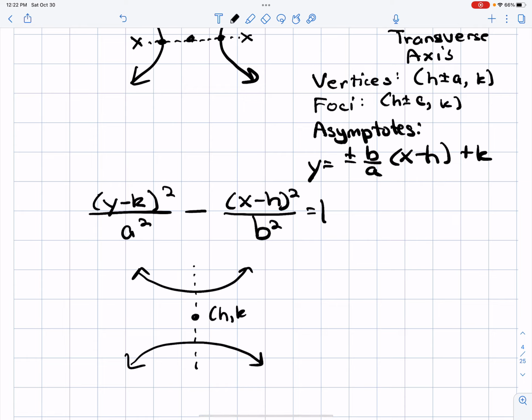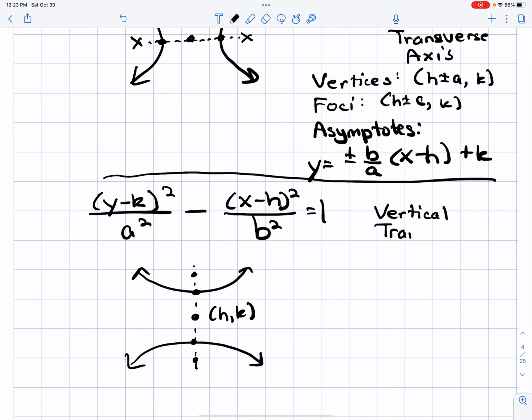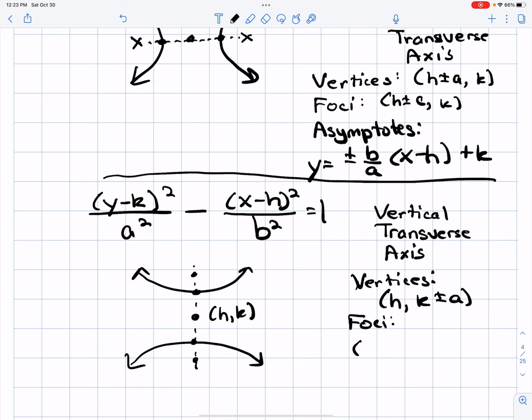So you have your center still h, k. You'll have vertices and foci now along a vertical transverse axis. So your vertices this time are going to be h comma k plus or minus a, and your foci are going to be h comma k plus or minus c.